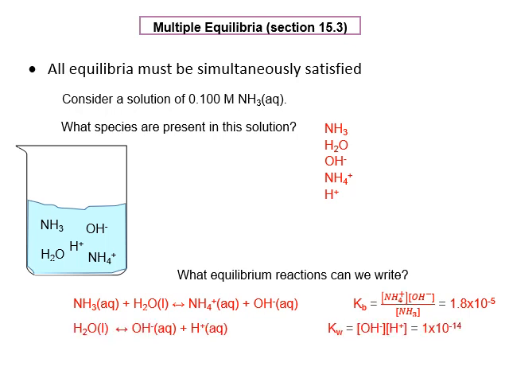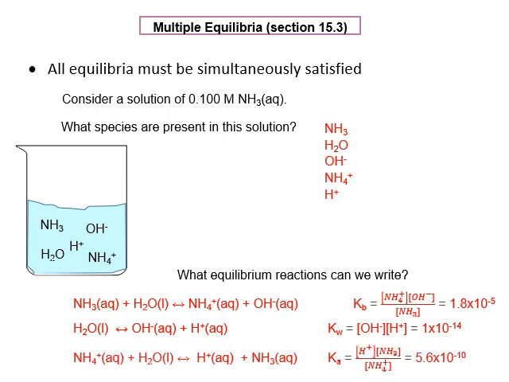We know that in any solution of water, the concentration of hydroxide ions times the concentration of hydronium ions must be equal to 10 to the minus 14, according to the Kw. And we could also write a reaction of the ammonium ion reacting with water to make H plus and ammonia. This equilibrium would be governed by the Ka for the ammonium ion.